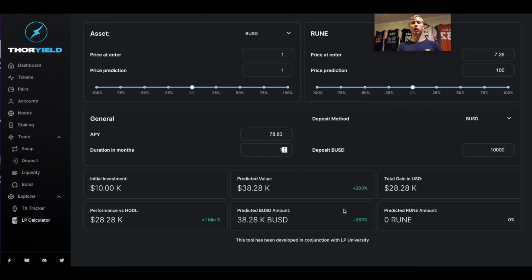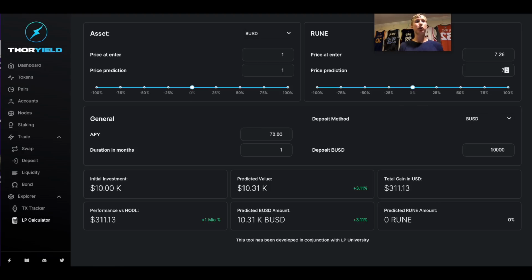Now let's just say a month. Dude, within a month, you can 3x your money if, okay, that's if it goes to 100. Like, I'm not saying that's likely. That's a big gain. So let's just say it goes down. You still make money. If it goes from $7.26 to $7, you still make $310 or $311.